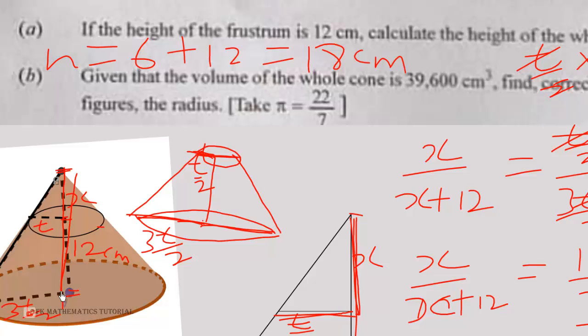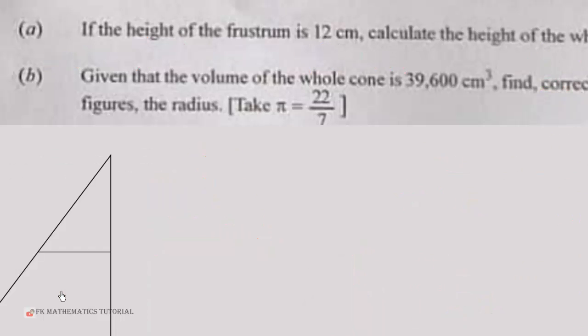Then, given that the volume of the whole cone is 39,600 centimeter cube, find, correct to 4 significant figures, the radius of the cone. So we know that the radius of the cone is 3t over 2. So r equals 3t over 2.